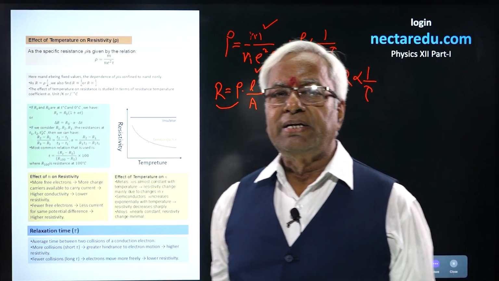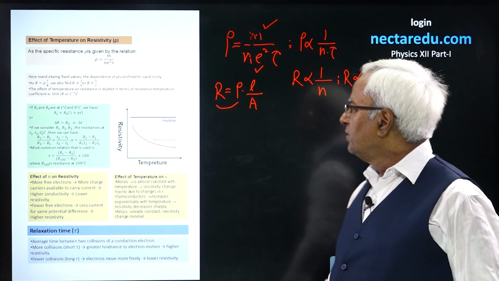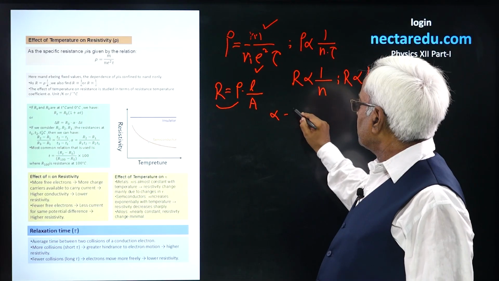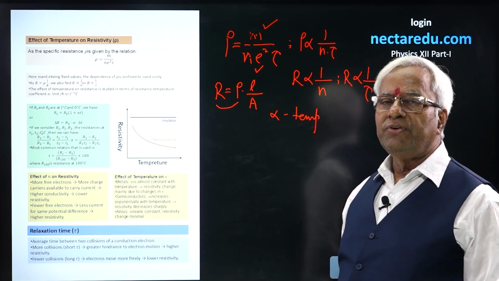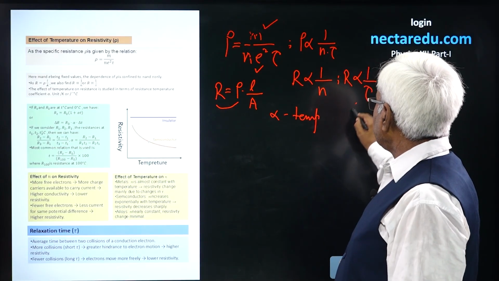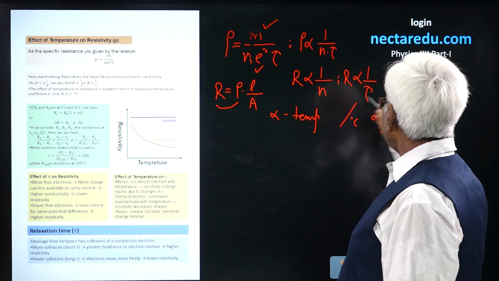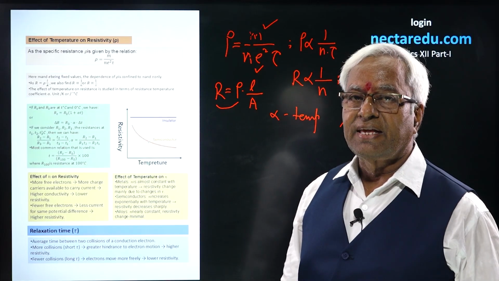The effect of temperature on resistance is mostly studied or talked about in terms of alpha. What is alpha? This is known as the temperature resistance coefficient. Its unit is either per degree Celsius or per Kelvin. You see, degree is not used with Kelvin.